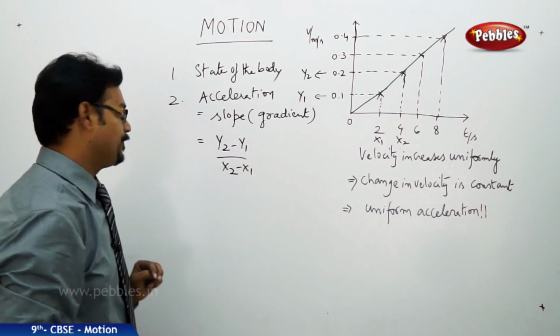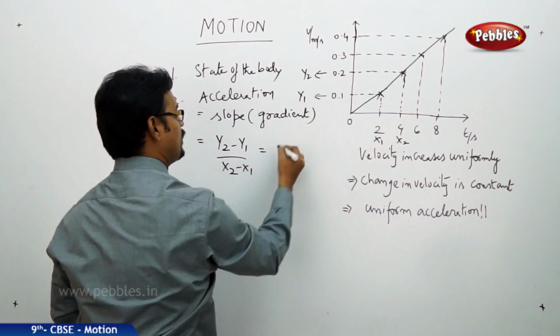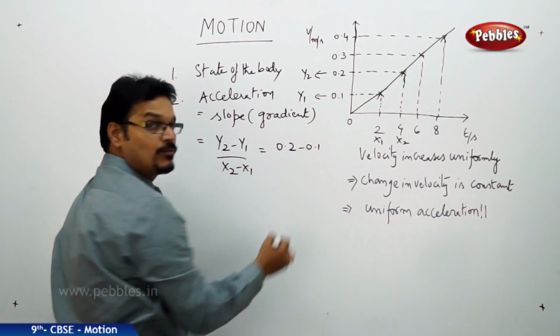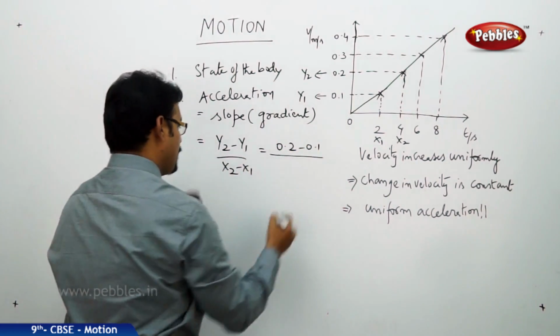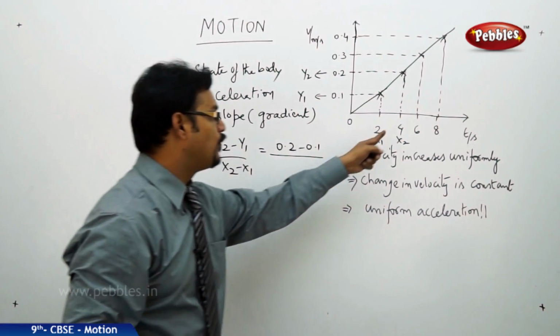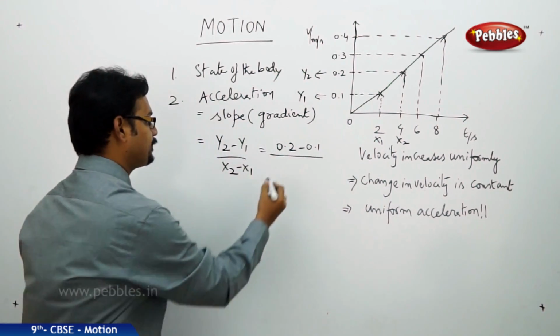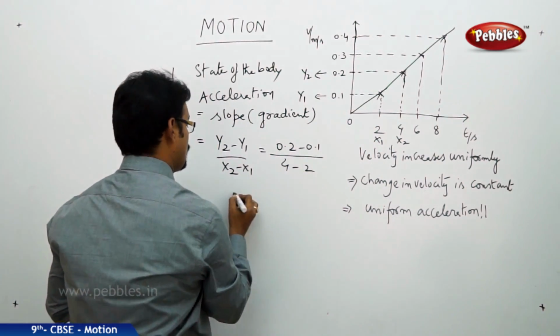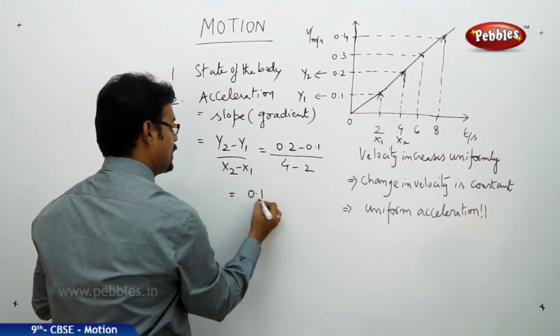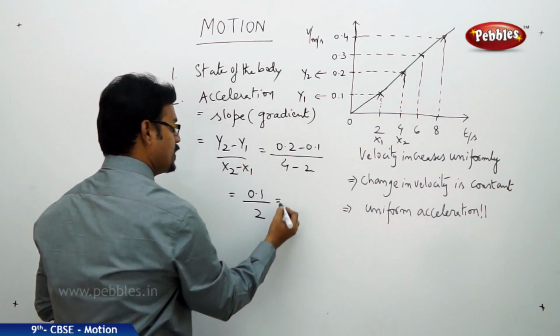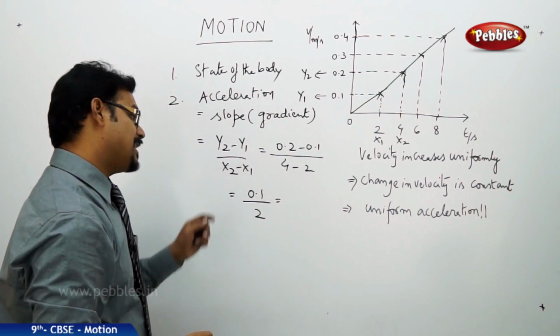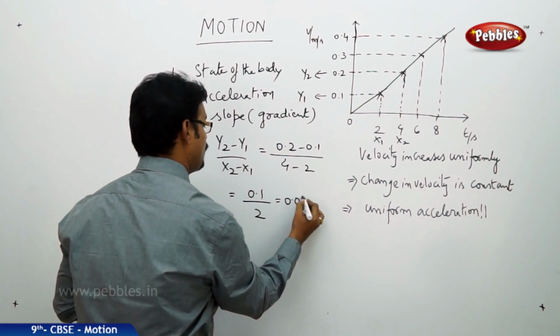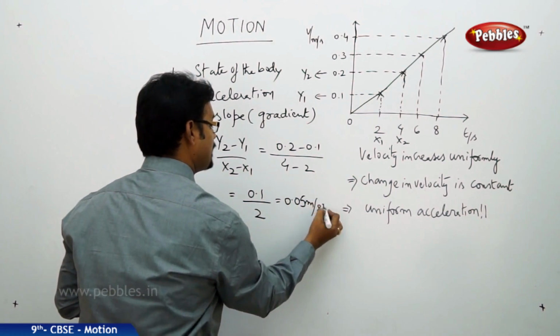So y2 minus y1, 0.2 minus 0.1, divided by x2 minus x1, 4 minus 2. So 0.1 divided by 2. What is the answer? You are correct. It is 0.05 meters per second square.